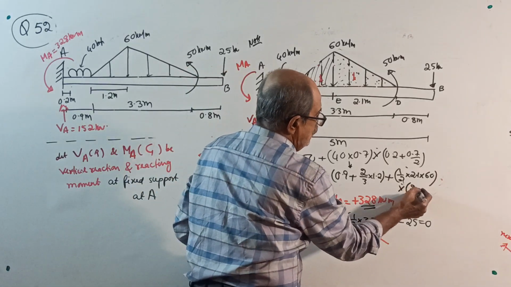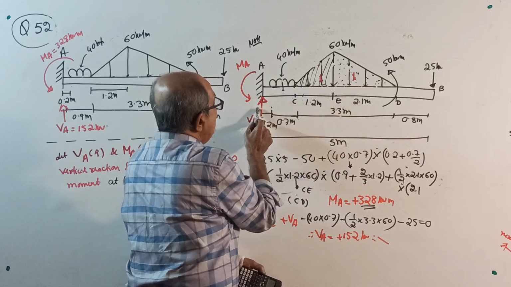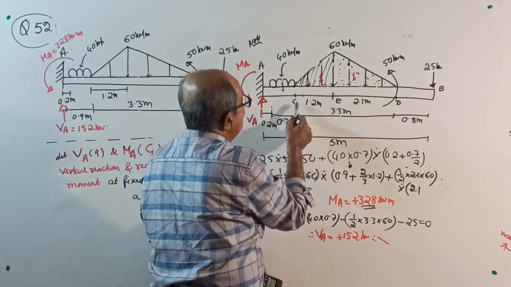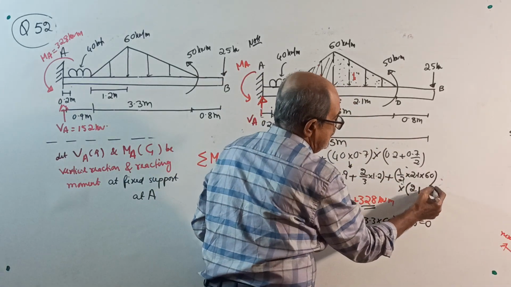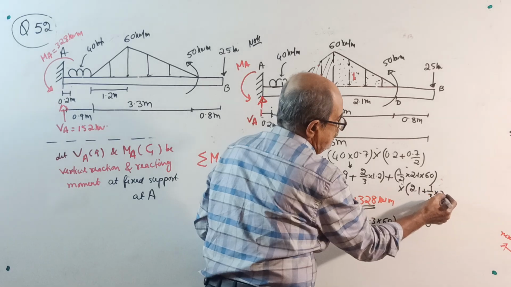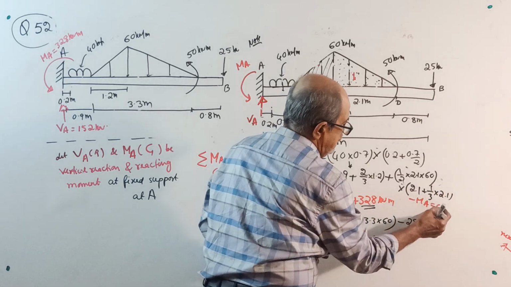Into 2.1 from here to here, see, 0.2 plus 0.7 plus 1.2 plus 1/3 of 2.1, then lastly minus MA equal to 0.